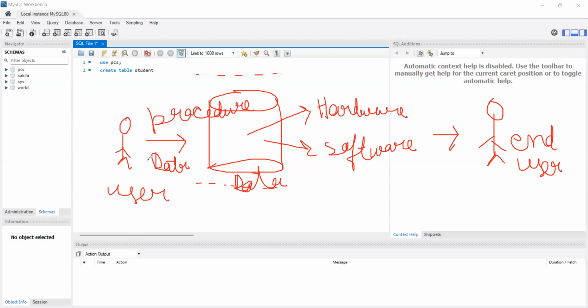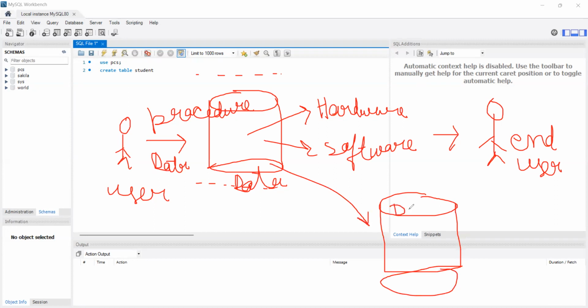In that DBMS environment, the main key component here is data and some programs. This is called DBMS, database management system.